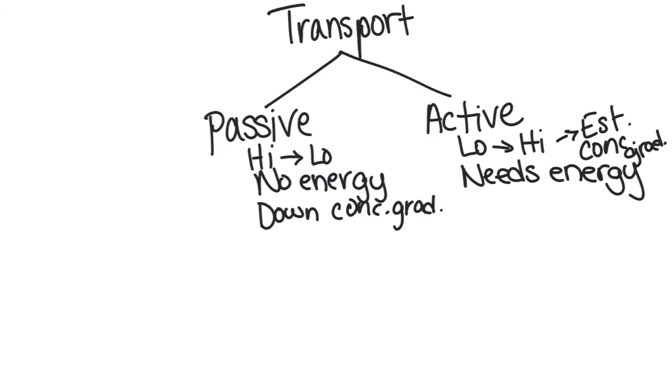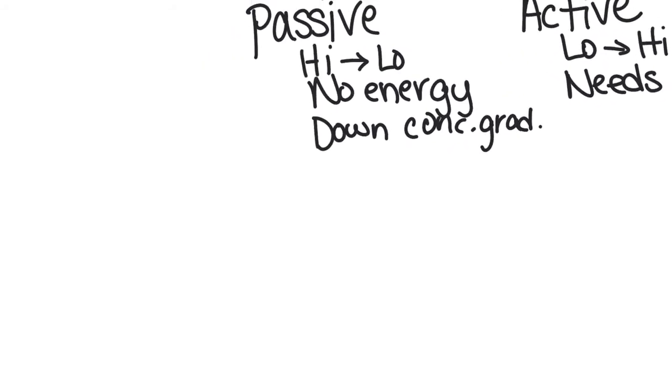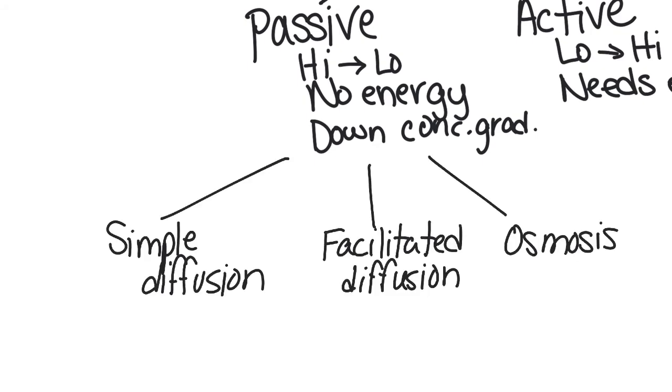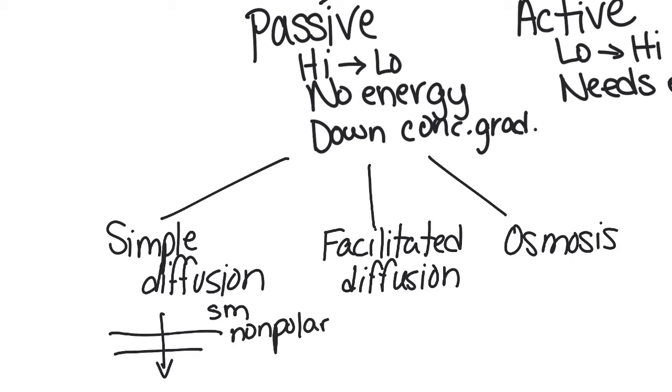So in your head again, go ahead and see if you can identify what the types of passive transport are that we have talked about in class. There are 3 of them. We looked at simple diffusion, which is the movement of particles directly across the phospholipid bilayer, and those are going to be things that are small and nonpolar. We looked at facilitated diffusion and osmosis.